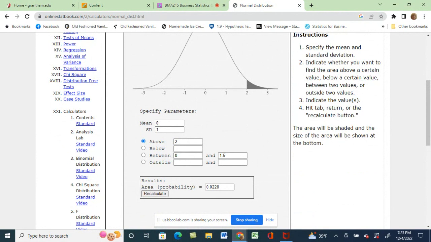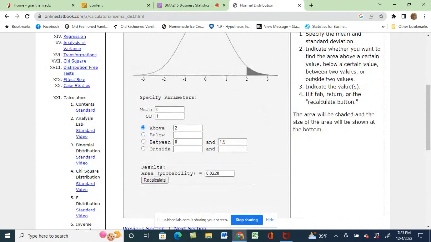So for the next one, if it's z is less than 1.7, you'll just do the below. Yes. Okay. And just make sure your picture matches what you want. Right. That's why the picture helps you see it better.